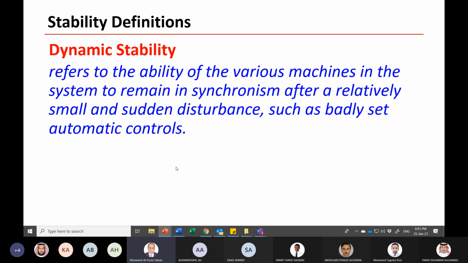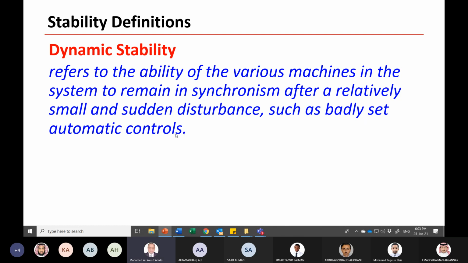Dynamic stability refers to the ability of the various machines in the system to remain in synchronism. Up to this point, this is the general definition of the stability. Here, the specification of the dynamic stability: after a relatively small and sudden disturbance. There it was a slow disturbance, we have here sudden disturbance, and still small but sudden, such as badly set automatic controls.